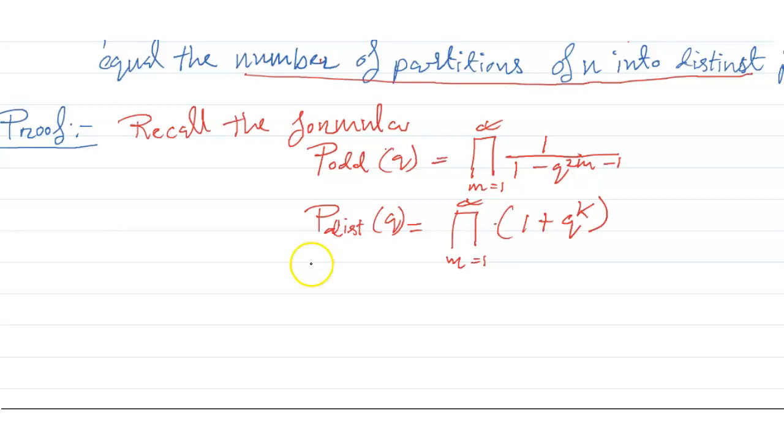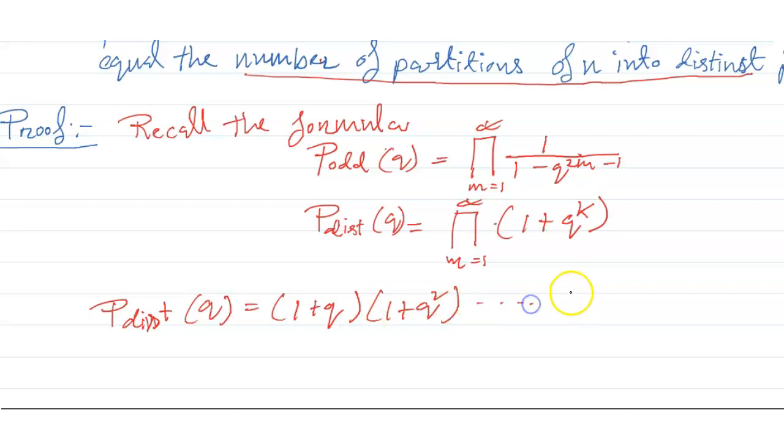P distinct q equals 1 plus q into 1 plus q square up to 1 plus q to the power k.